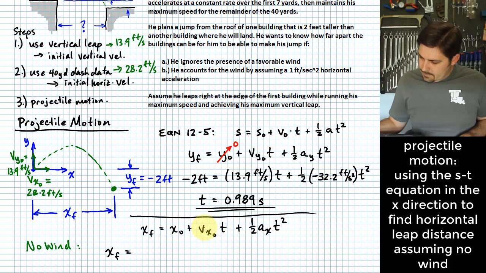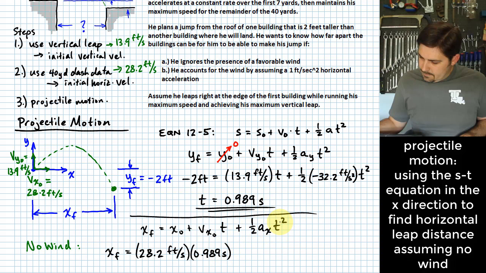And then we put in vx naught, which is the same no matter what, that's 28.2 feet per second. Okay, times that time. Now we actually know what this time is. We put 0.989 seconds. Okay, plus 1/2 ax t squared.